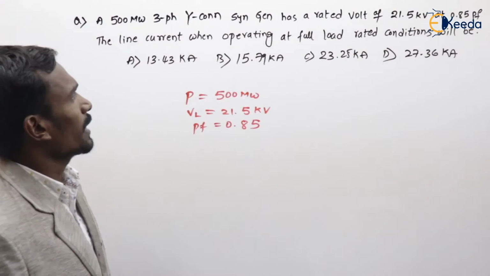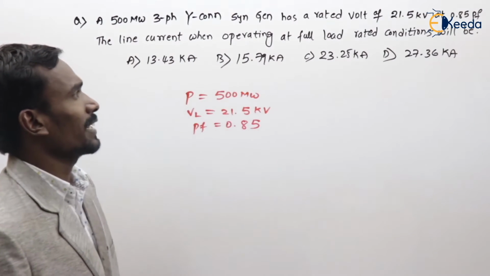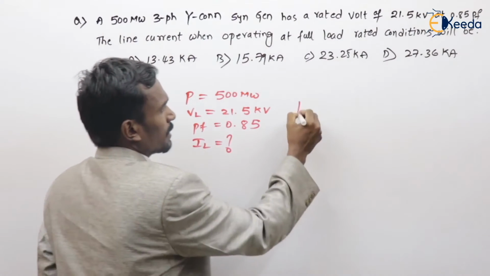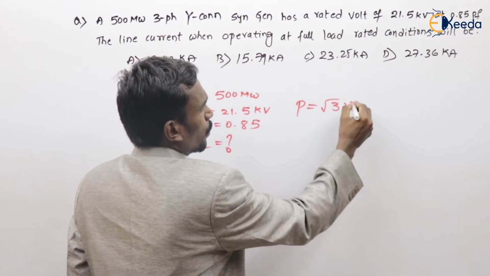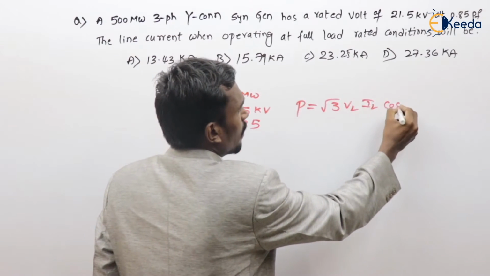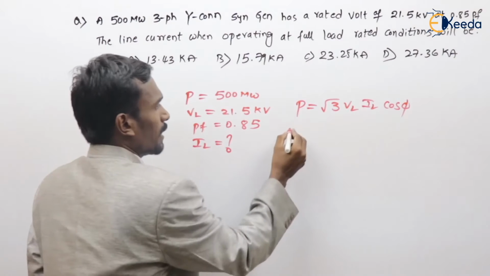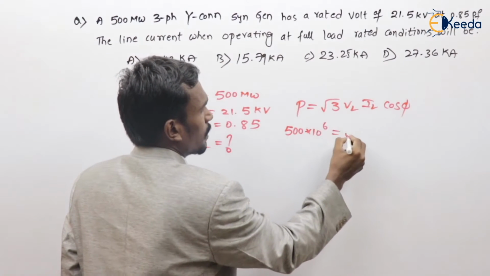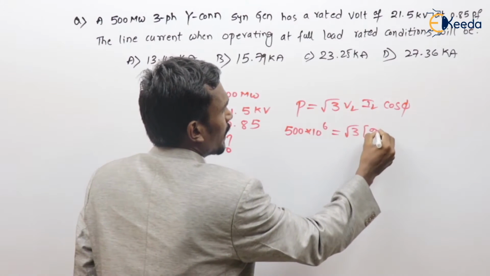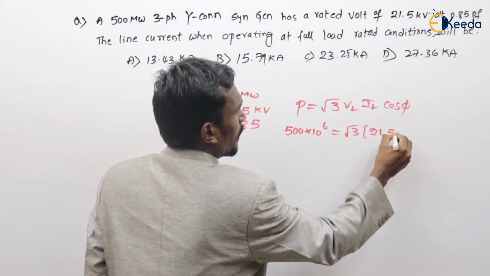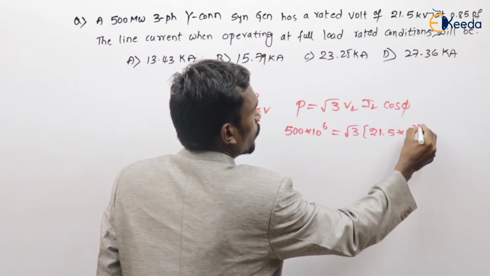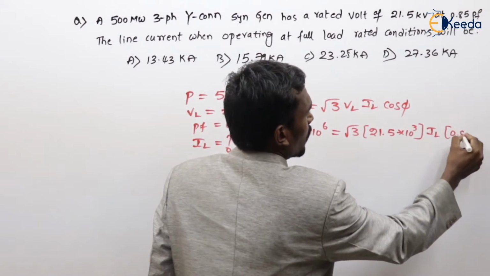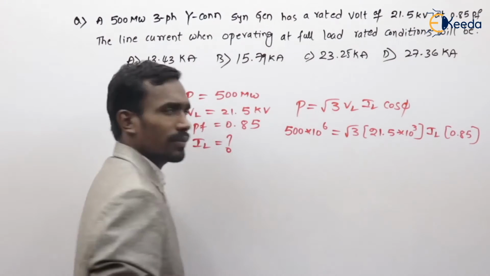The line current when operating at full load, rated conditions, will be? I have to find out the line current. P is equal to root 3 VL IL cos phi. P they given 500 into 10 to the power of 6, VL they given 21.5 into 10 cube, and IL we have to find out, and cos phi 0.85.